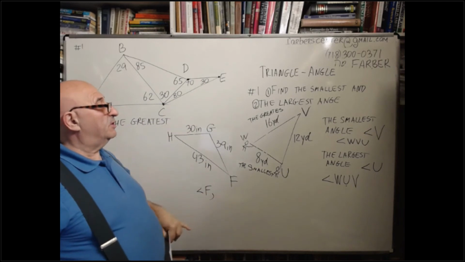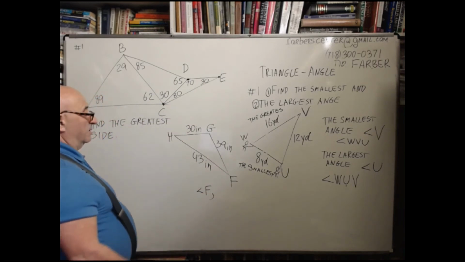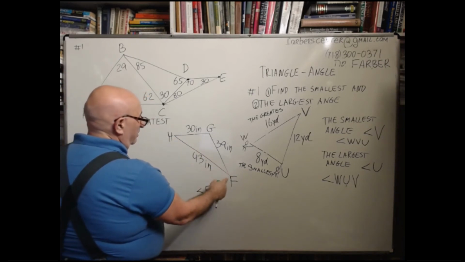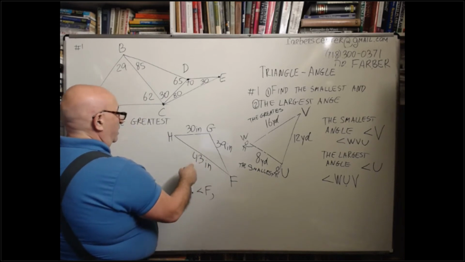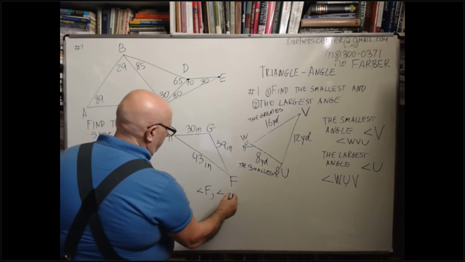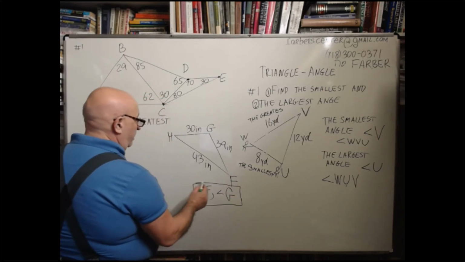Be careful, I'm going to change numbers in a moment. Now, the greatest. The greatest side is this one, 43. And the angle opposite to this side is angle G. So divide by a comma. Don't write different words like smaller, bigger.